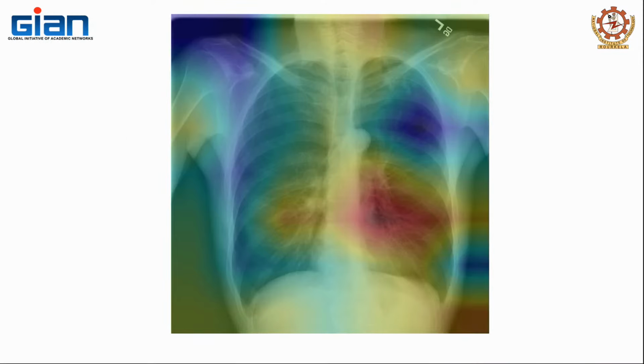So this is the GradCam that one of you was talking about. You have the X-ray image, but on top of that you see this heat map. It's a color map where you have red regions, blue regions, yellow regions. Red regions are the regions where you have high attention, and these high attention regions are the ones the model is learning most of its information from to decide whether this patient maybe has COVID or not, right?